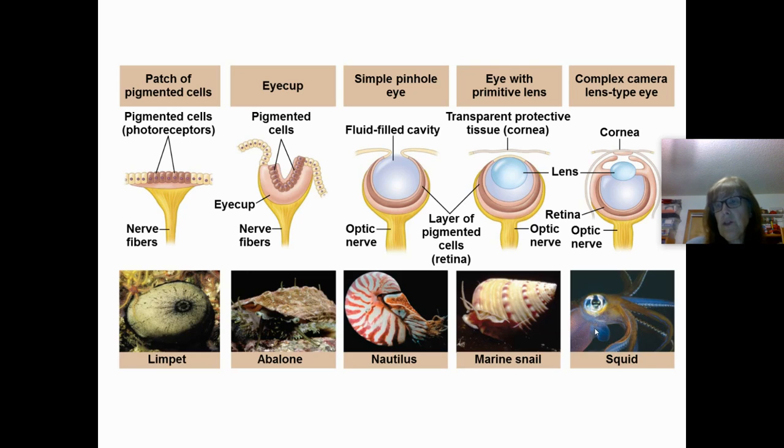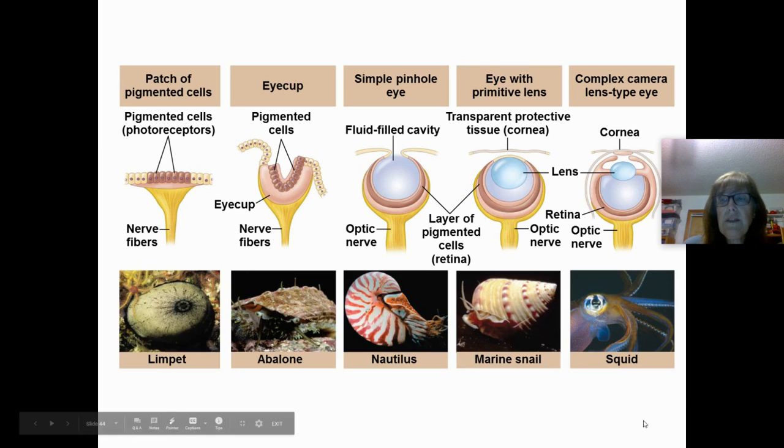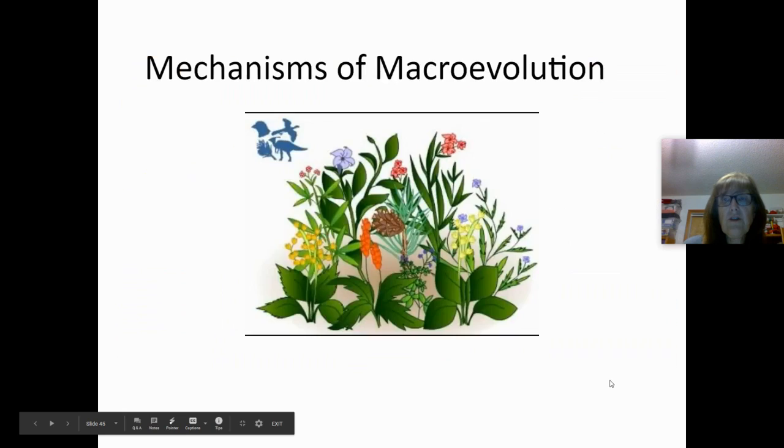Then we move on up to a squid, which has a closed circulatory system and is able to move very fast, chase after predators, and escape prey. And this is just looking at the eye receptors and how the simplest organisms have basically just pigmented photoreceptors to determine light and darkness, and then those eyes become more complex over time. Again, I'll talk about this in more detail in the next lecture.